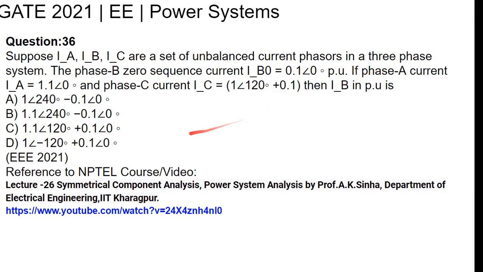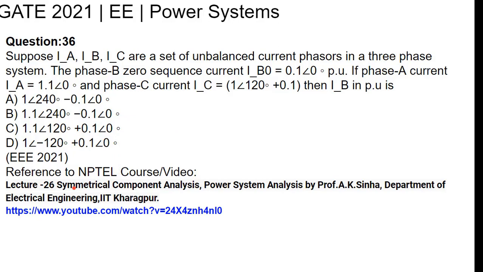If phase A current IA is equal to 1.1 at an angle 0 degrees and phase C current IC is equal to 1 at an angle 120 degrees plus 0.1, then IB in per unit is. These are the given options.